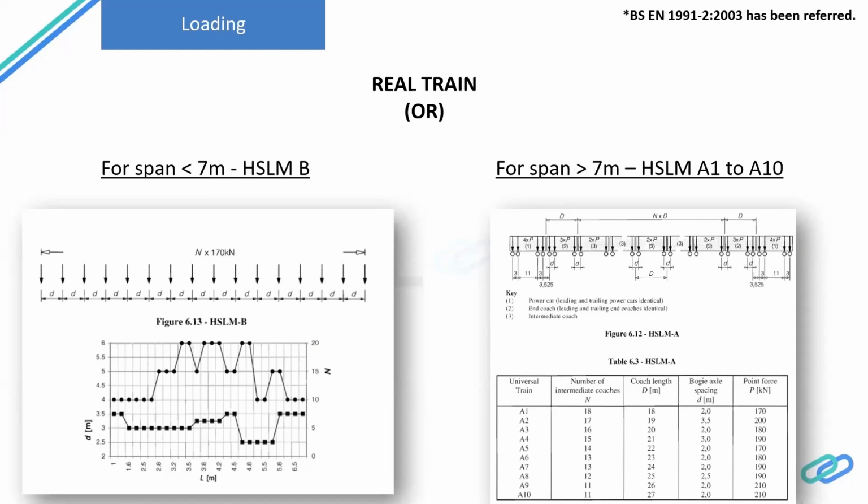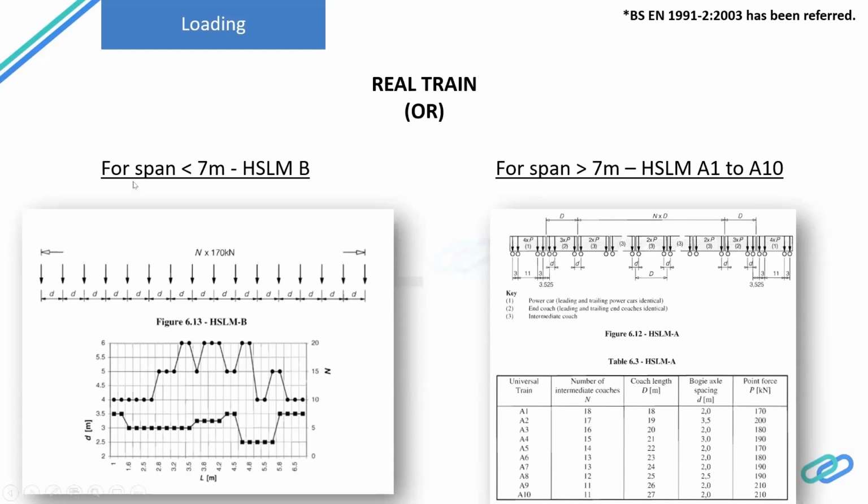But in many projects, at the design stage, they may not have fixed the train contractor, so they may not know the configuration of the wheel. So in that case, the Eurocode has given certain wheel loads and axle loads.